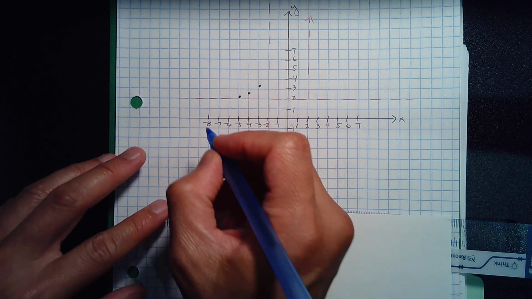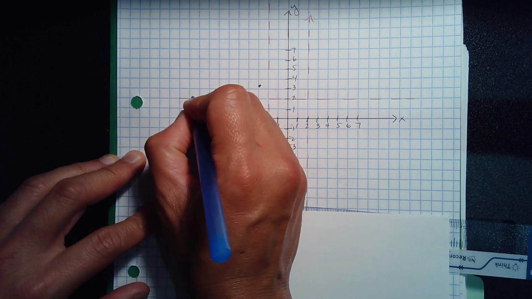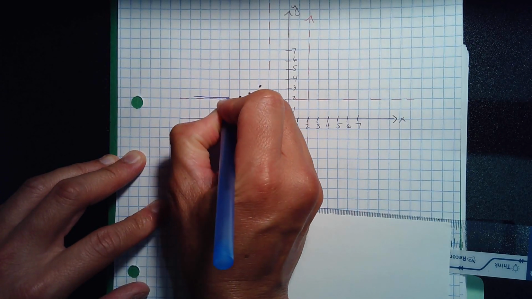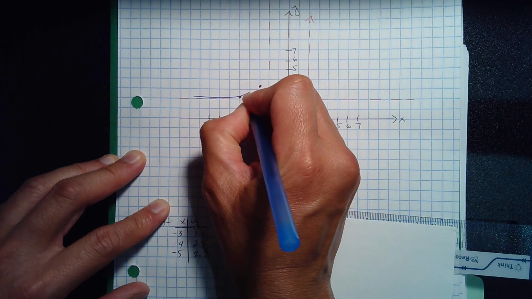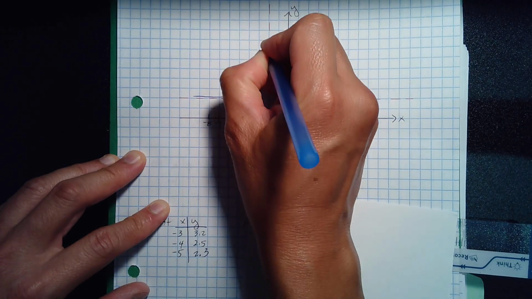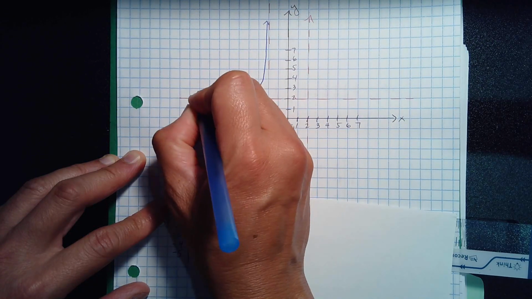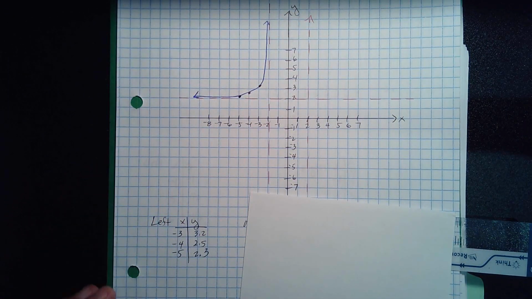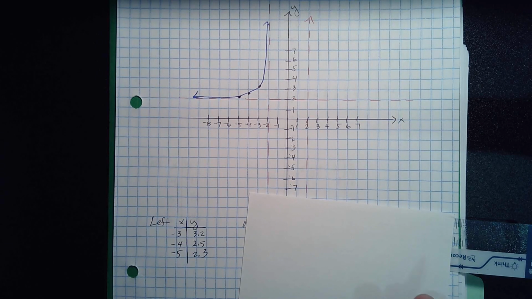Again, I mentioned that these asymptotes serve as a boundary. So as you're moving towards these asymptotes, it gets closer and closer to the boundary. So that's one part of this function.